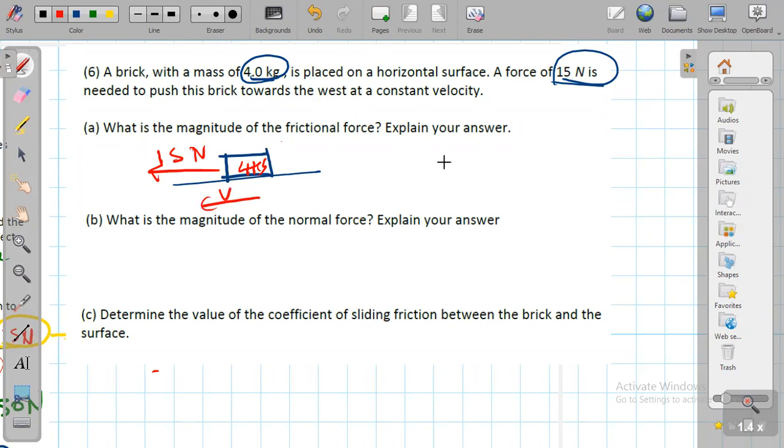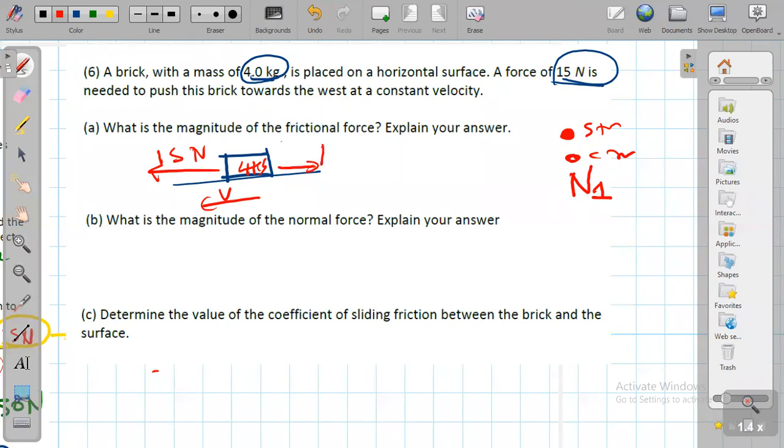One thing I told you: if the object is stationary or moving at constant velocity, it is governed by Newton's first law of motion. That means the forces are completely in balance. The 15 Newton force is needed to push the brick at constant velocity. What is the magnitude of the frictional force?